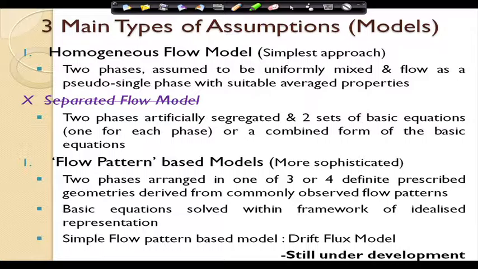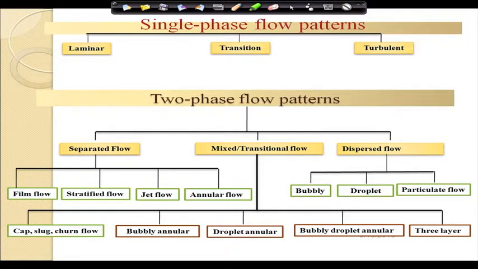For example, if we observe all the flow patterns that we have come across in our study on two-phase flow, we find that on an average they can be separated into 3 broad classes. One is the dispersed pattern, one is the completely separated pattern, and the largest range is the mixed or transitional flow pattern.